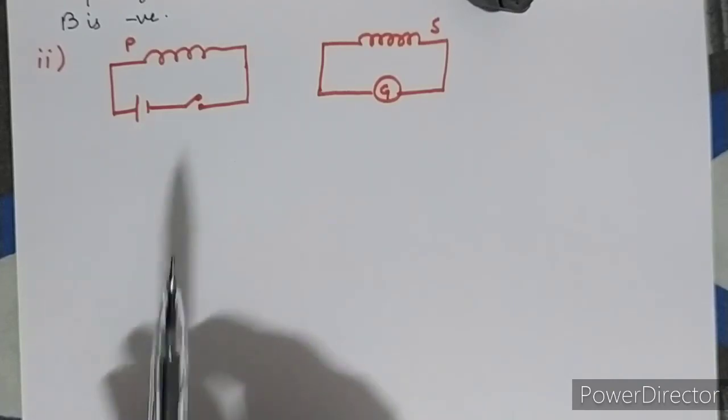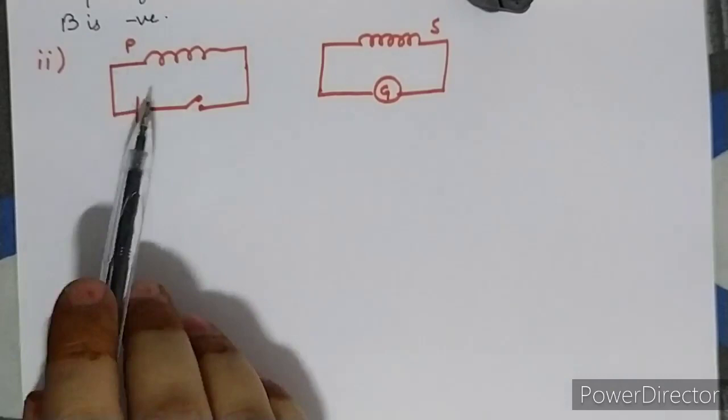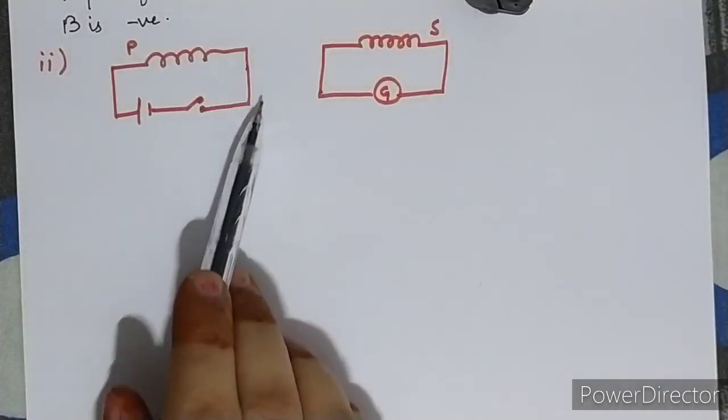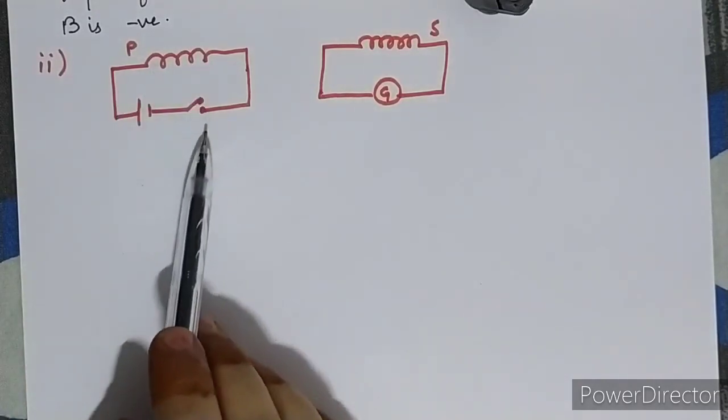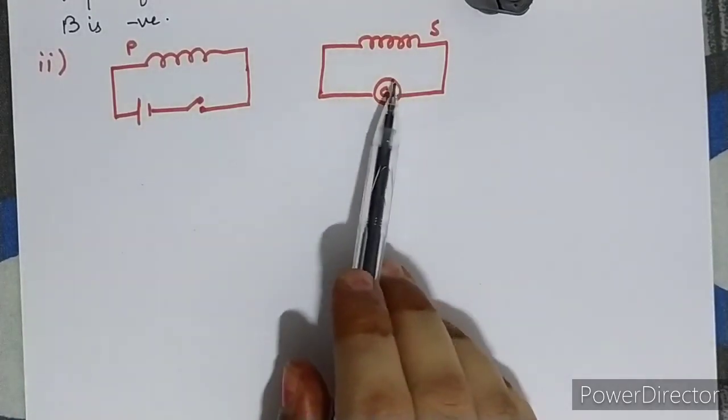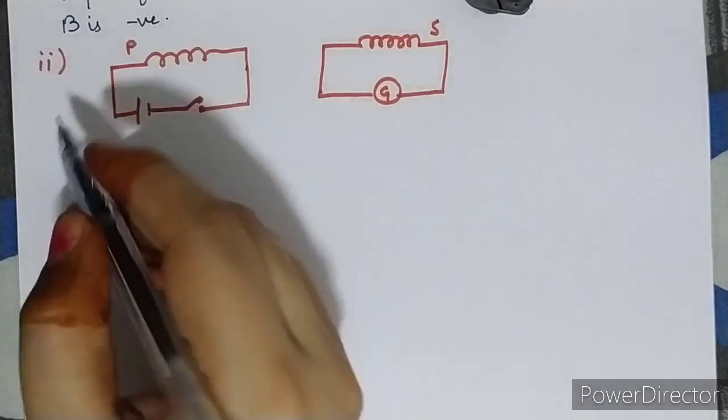In which direction, beta? In clockwise. Current is moving from positive to negative, so it moves in a clockwise direction. So in S also it is in a clockwise direction.